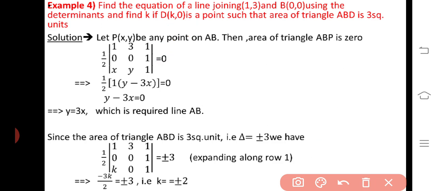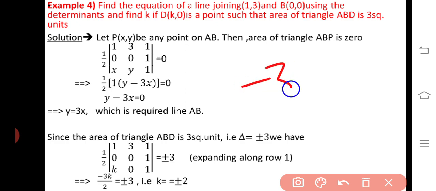Now expanding along row 2, the same thing, expanding along row 2, what will we get if we remove the second row and third column: 0 into 1 minus 3 into k, minus 3k divided by 2. This implies minus 3k is equal to plus or minus 3, that is k is equal to plus or minus 2.